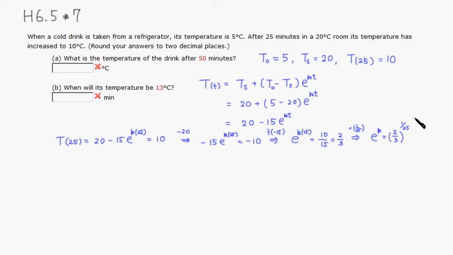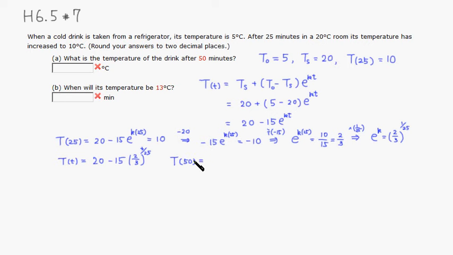So the formula is going to be T of little t is equal to 20 minus 15 times 2/3 to the t over 25 power. All we need to do is plug in 50 for t, since this is after 50 minutes. So let's find T of 50.